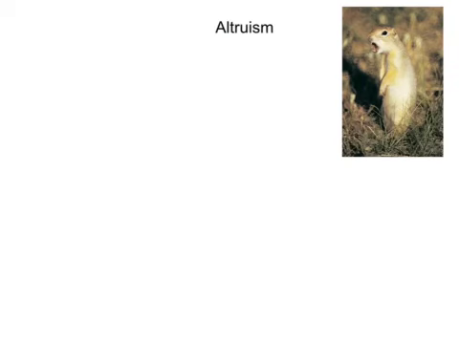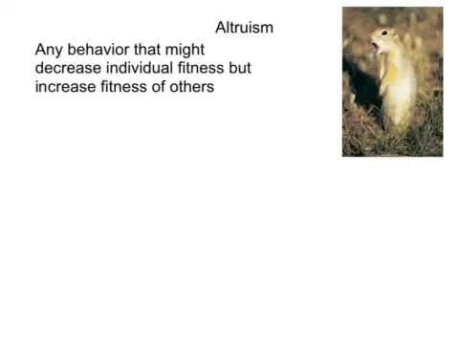Another social behavior we have that is not competitive at all, this is actually a beneficial behavior, is what's called altruism. Altruism is any behavior that might decrease the individual's fitness, but is going to increase the fitness of the others around it. The example over here, this organism is giving a warning cry that a predator is coming.